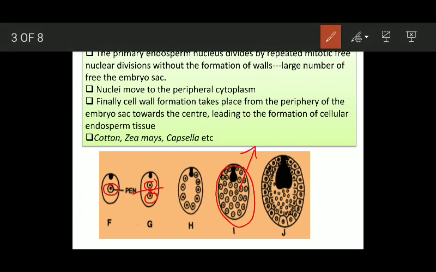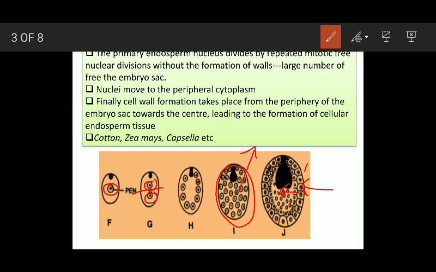These free nuclei start moving towards the periphery of the embryo sac, and finally cell wall formation takes place from the periphery, and this cell wall formation proceeds towards the center of the embryo sac, and ultimately this leads to the formation of cellular endosperm tissue.